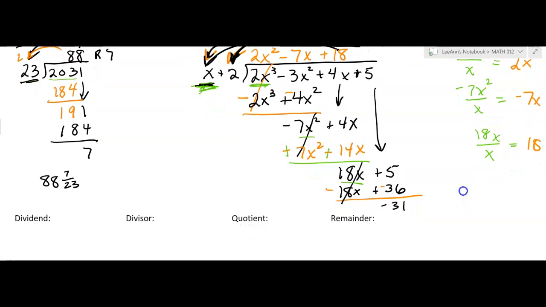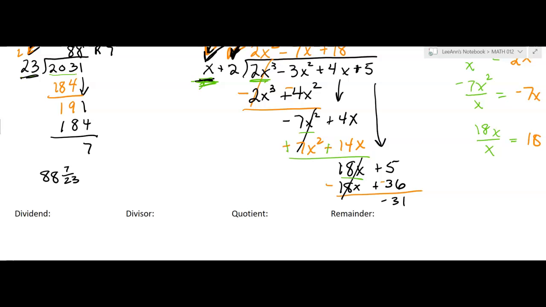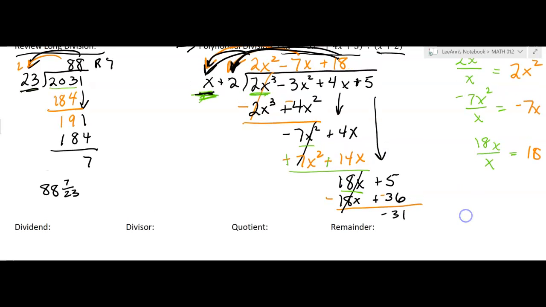Now, right underneath here, I have those terms that I've been using. The dividend, that was the long polynomial right there. That was the 2x cubed minus 3x squared plus 4x plus 5. That was the dividend. It's what we're dividing into.